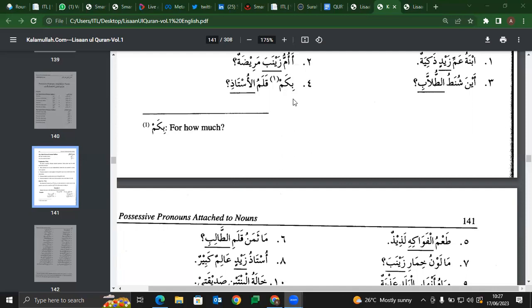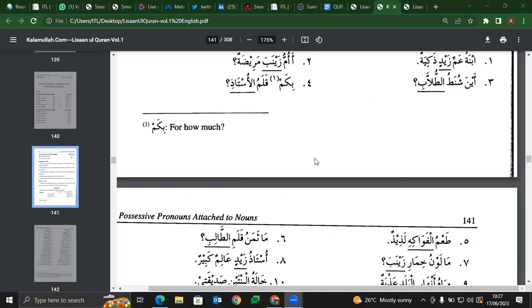Kalamu is mudaf, ustazi is mudaf ilayhi. So it will be third person there. So it will be kam kalamuhu, right?